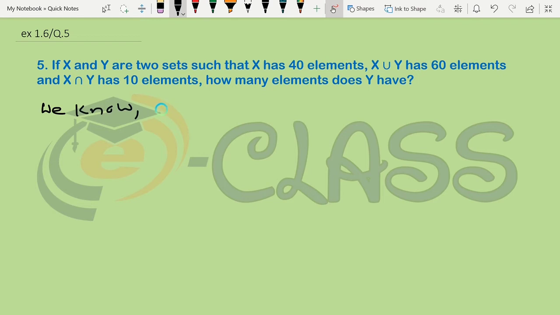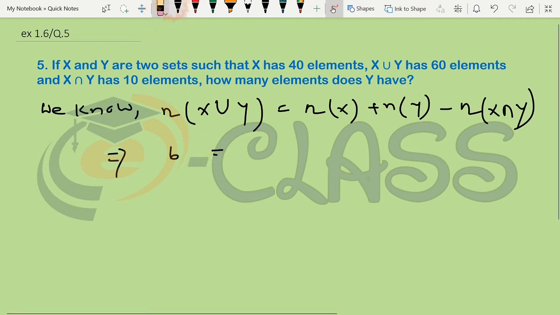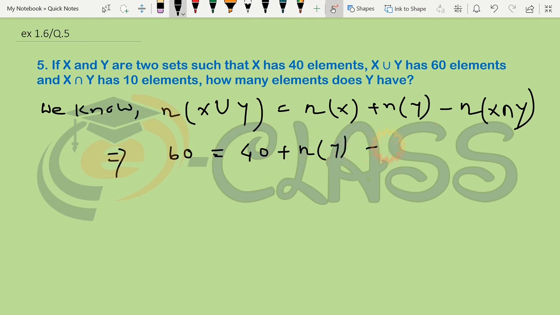We know the number of elements in X union Y equals the number of elements in X plus the number of elements in Y minus the number of elements in X intersection Y. So 60 equals n of X, 40, plus n of Y, minus 10.